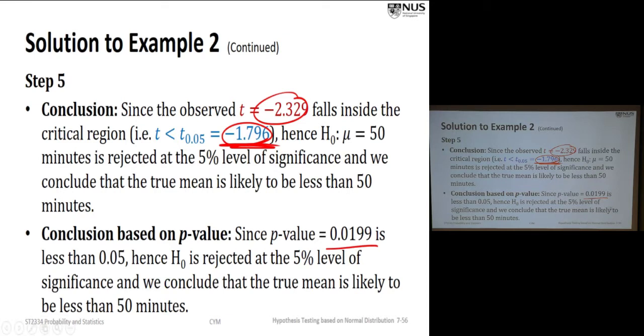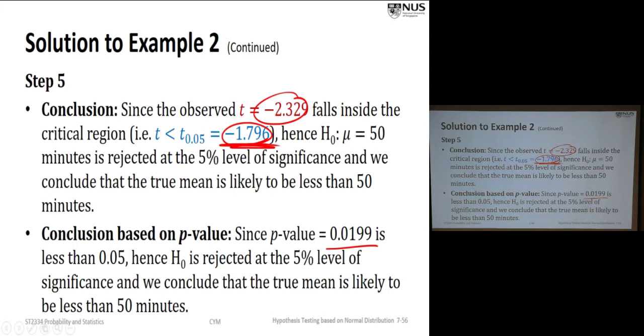Okay? Let me make it clear. If you want to make the decision based on the p-value, and if you cannot get the exact p-values, you just make your decision based on some idea about the p-value. So in this case, I have not computed it.